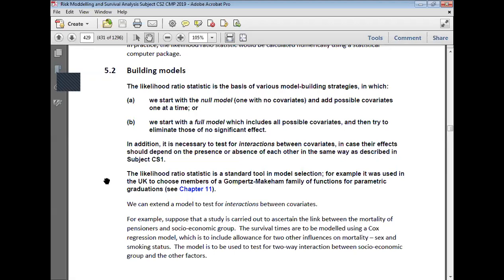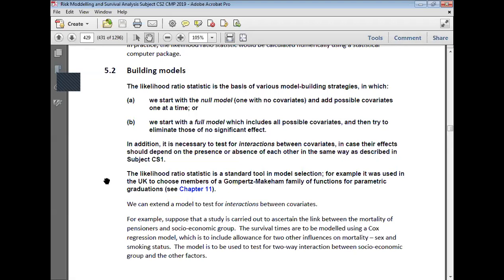So sometimes what you do is you first regress on all of the covariates that you have information about, and then you try to eliminate the ones that have no significant effect. Once you have already taken into account the socioeconomic status, you might see that the car variable does not hold any substance. So it's not significant anymore, and you will eliminate that particular covariate.